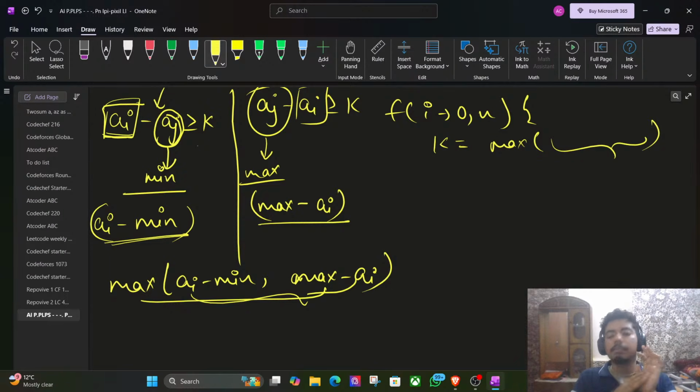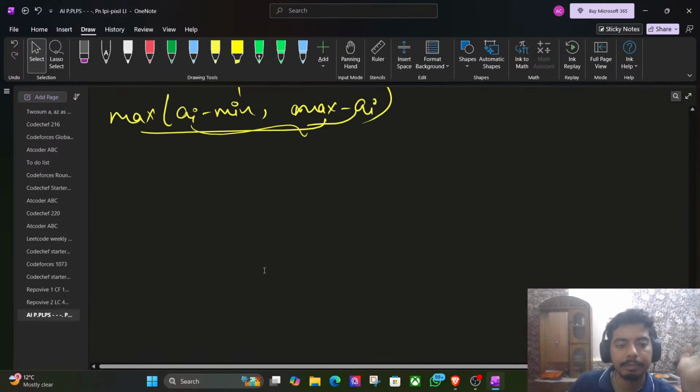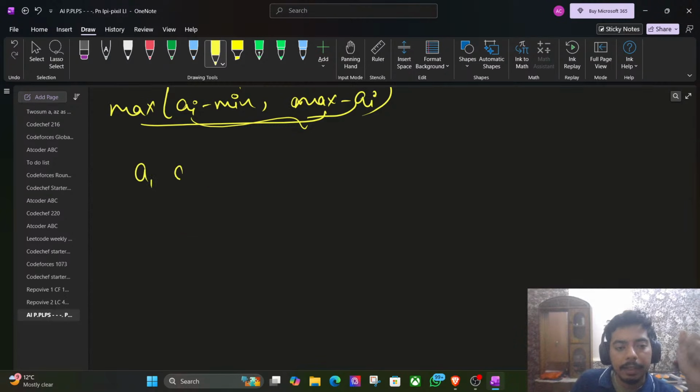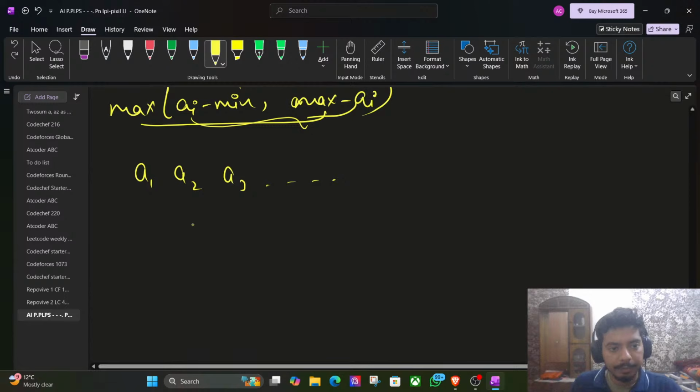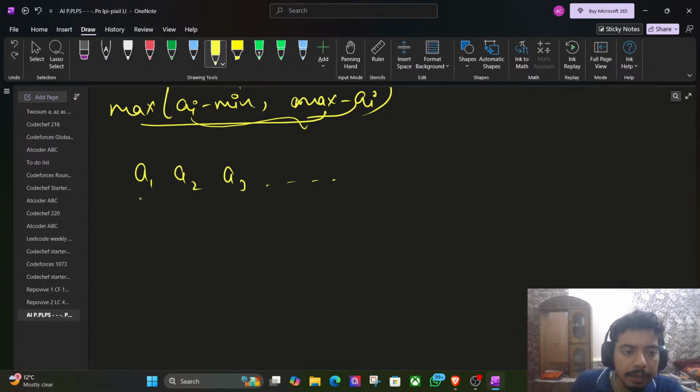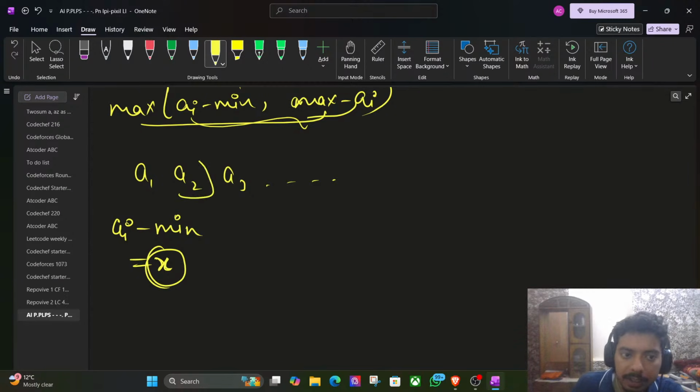Let's take a scenario where you have a1, a2, a3, and so on. I'm currently taking a1, a2, and a3. Just think logically. Say ai minus minimum comes out to be X. Will this X be sustained for this a2 also? Or will it change? Will it grow or will it become less?